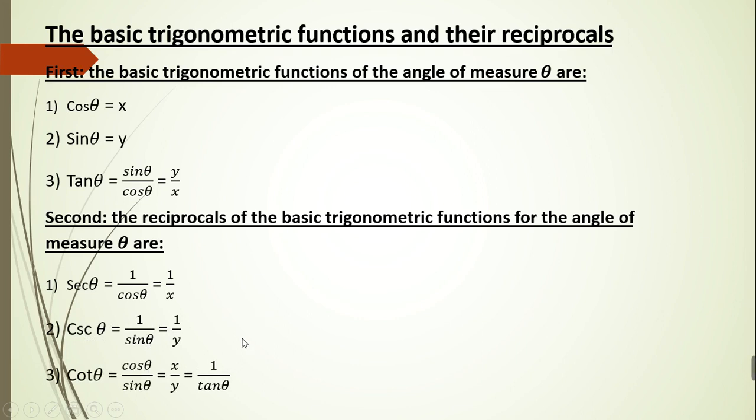Cotan theta equals 1 over tan theta, which is cosine over sine, and x over y. So I have three main trigonometrical ratios and three reciprocals. The reciprocal of cosine is sec, the reciprocal of sine is cosec, and the reciprocal of tan is cotan.